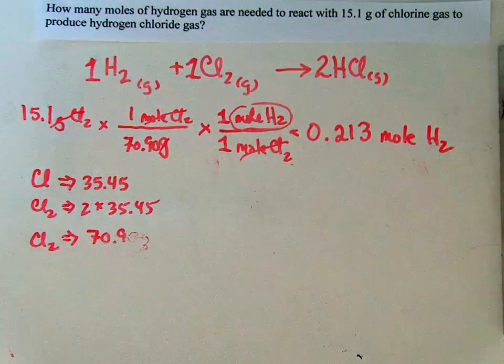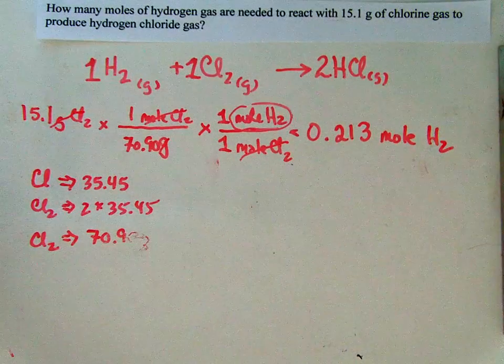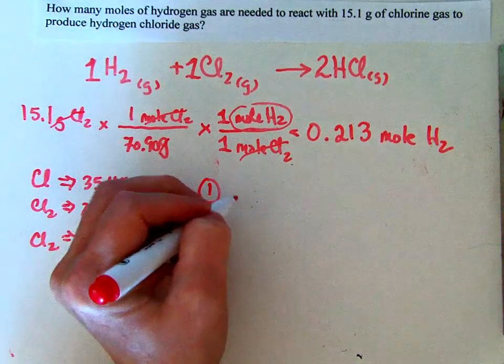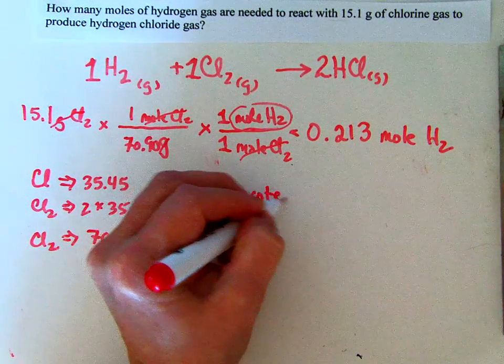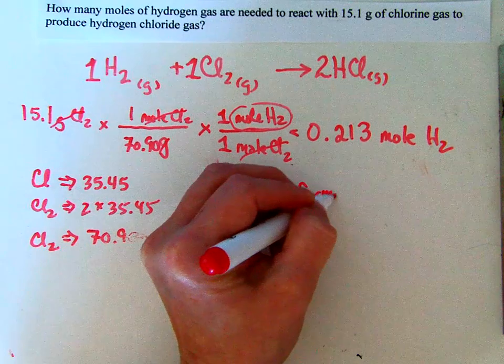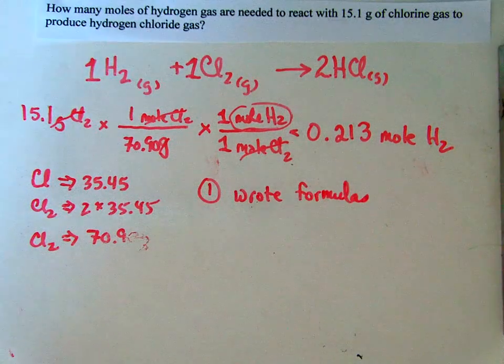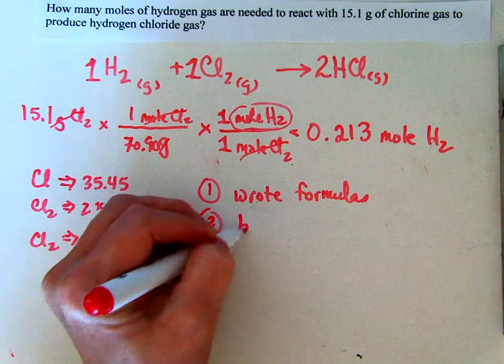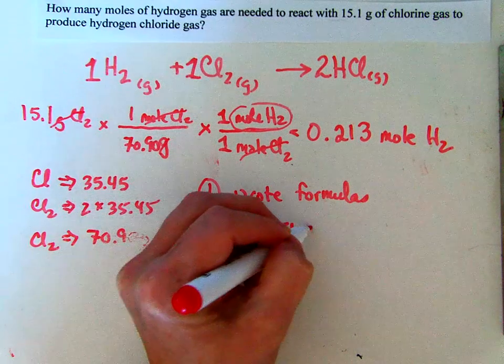Okay, so just to review, the first thing we did is we wrote the formulas for the compounds involved in this reaction. Second thing we did was balance the equation.